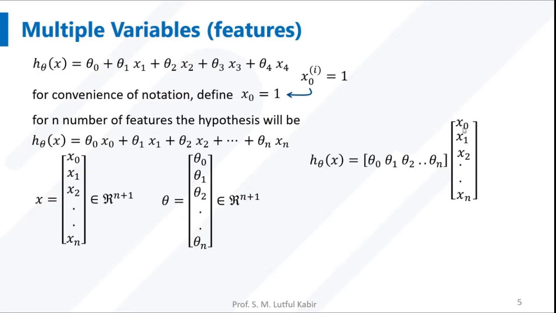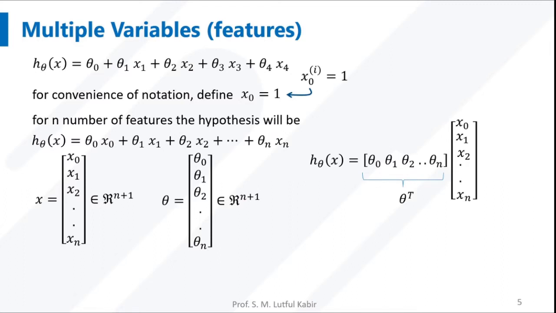Theta 0 multiplied by x0, theta 1 multiplied by x1, theta 2 multiplied by x2, and so on. The summation of all these multiplications will be equal to the right hand side, and that will be equal to h theta of x.